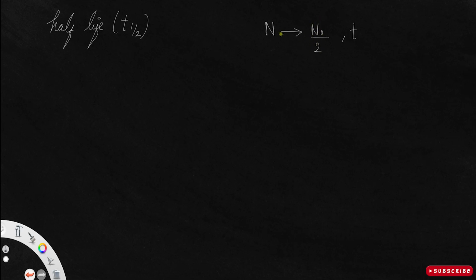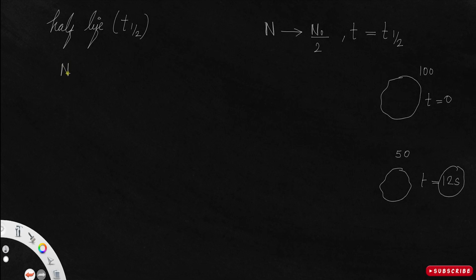When this happens, that is n turns to n0 by 2, then we call that t equal to T half. For example, we have initially 100 nuclei, that is at t equal to 0 seconds. Now after some time, let's say we have 50 nuclei after, let's say, some 12 seconds. So this 12 seconds is the half-life of this radioactive substance. So when n turns to n0 by 2, that time is called the half-life.